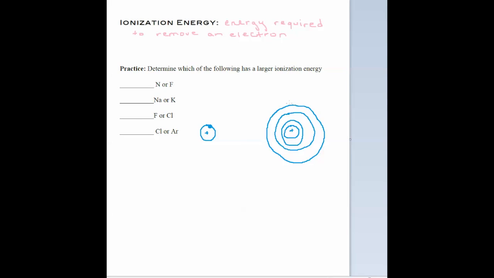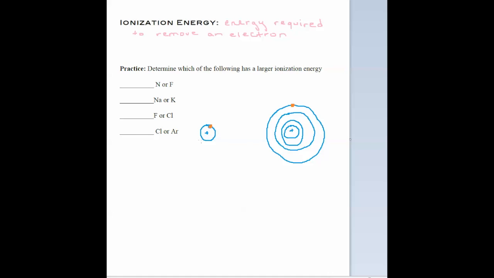Okay. Now I want to compare the energy required to remove this electron right here versus this electron out here. Because this electron is so close to the nucleus, which is positively charged, this attraction is going to be a lot stronger than this attraction here because this electron is quite a bit farther away from the nucleus.